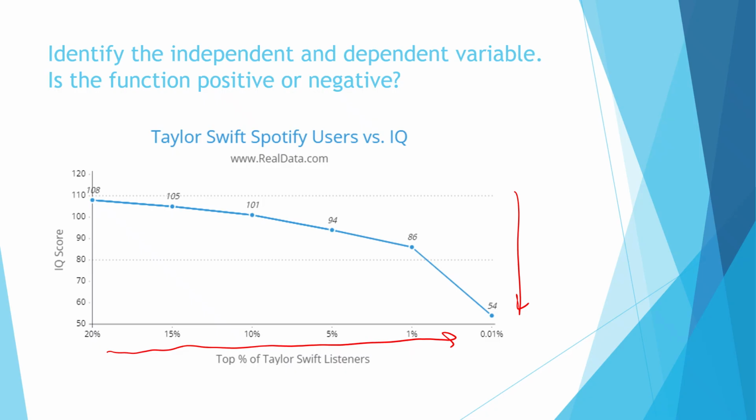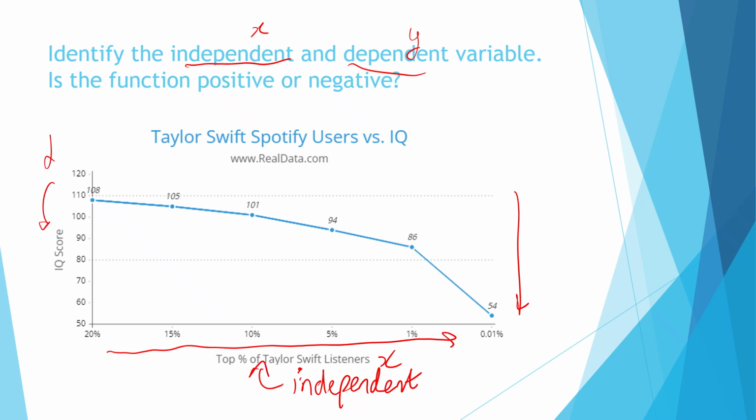First off, independent and dependent variable. Well, remember, independent is going to be our x variable, and dependent is our y variable because that depends on our value of x. So here, our independent variable is the top percentage of Taylor Swift listeners, and then our dependent variable is going to be the IQ score.